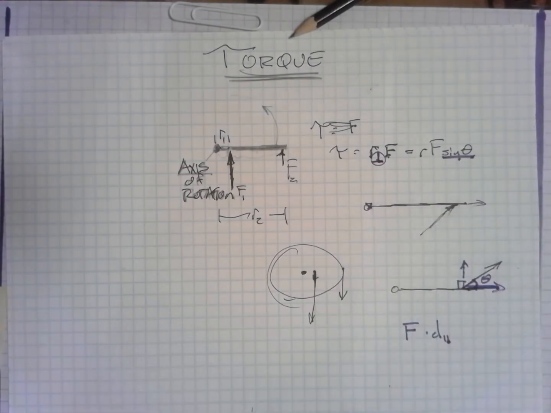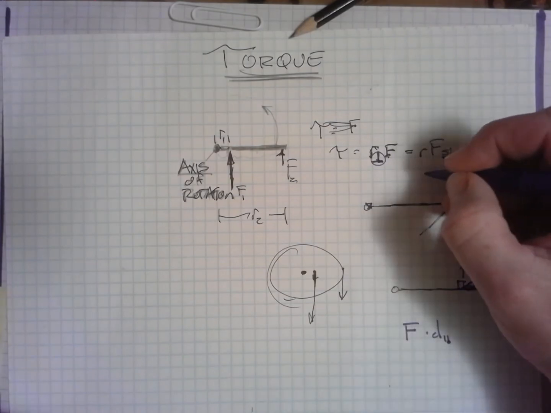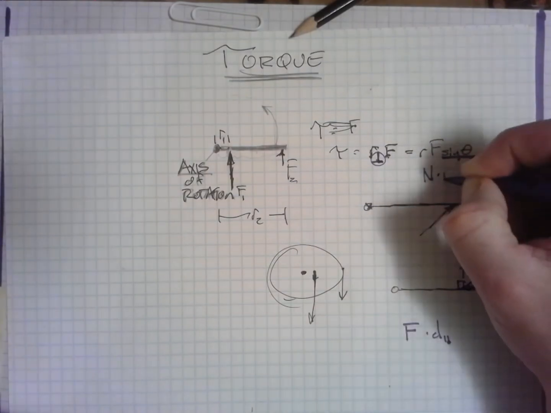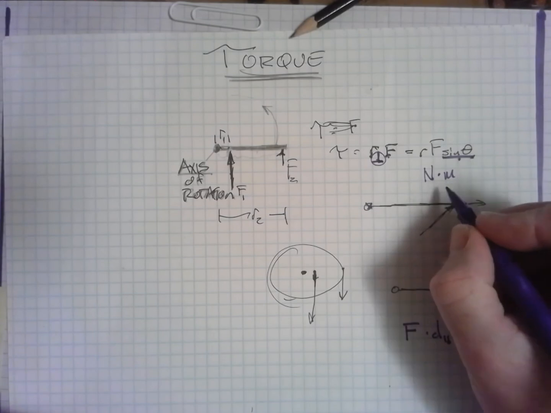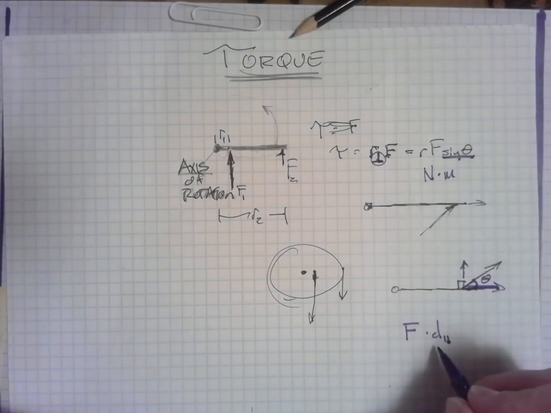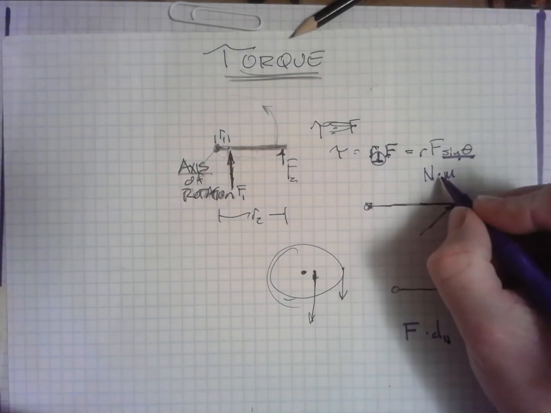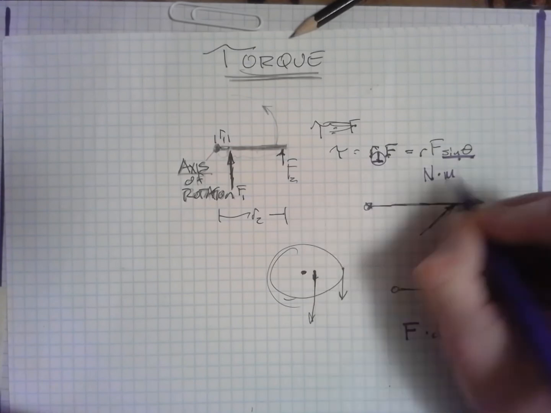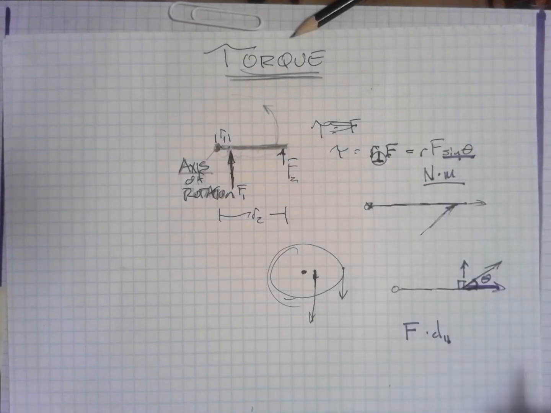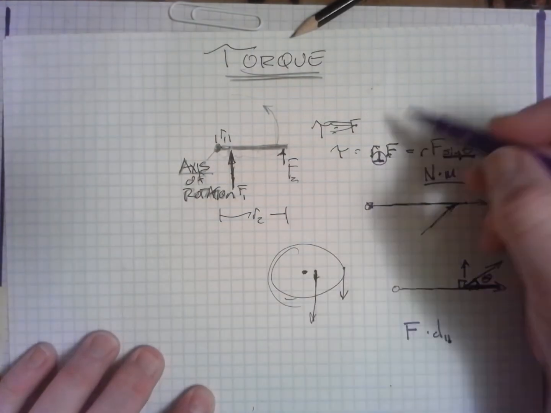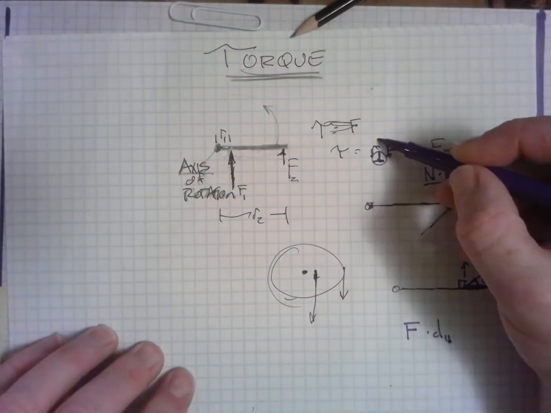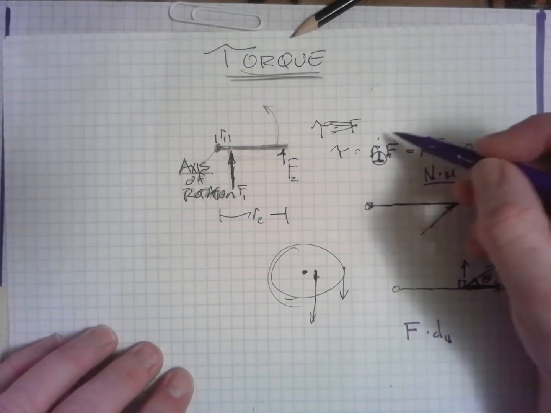So the units are interestingly the same. Newton meter, although you would never write this as a joule, whereas this you could. You would write Newton meter, period, end of story. There's your units on torque. So the big idea with torque is it's where you push and how hard you push combined. That's what torque is.